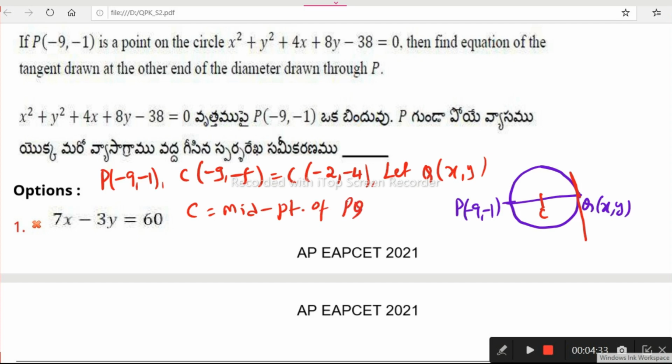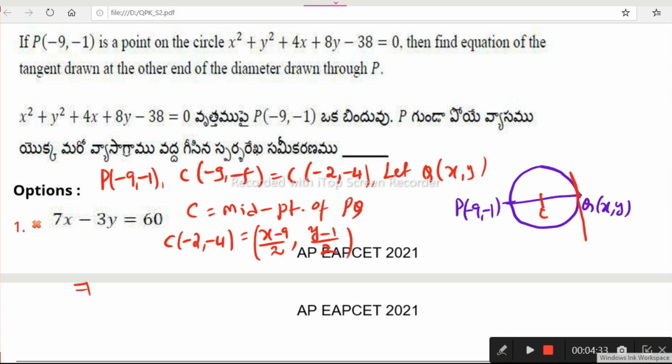Therefore C, we have (-2, -4), is equal to the midpoint of PQ, that is (x minus 9)/2. You know the midpoint formula: (x1 plus x2)/2, (y1 plus y2)/2. According to that, next (y minus 1)/2.